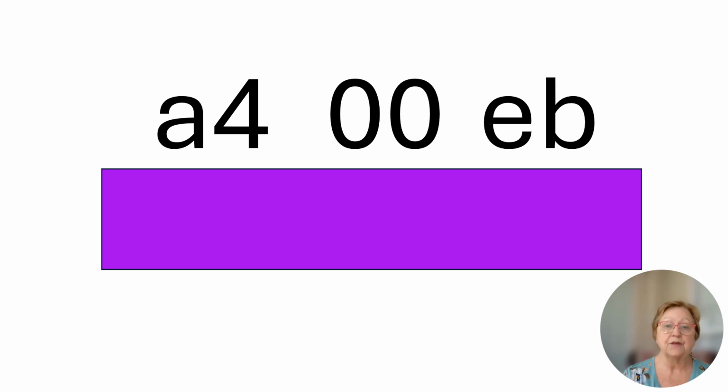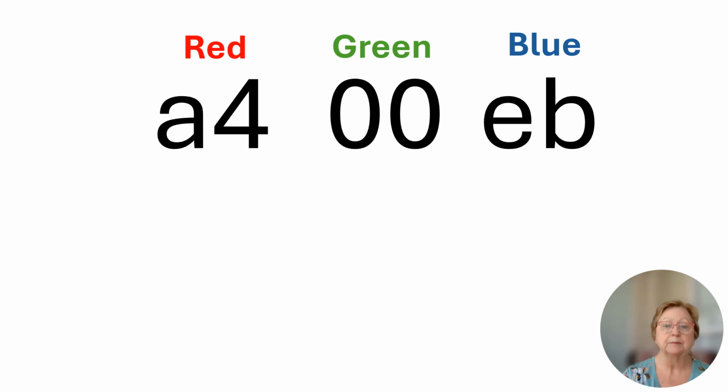The hex code is divided into 3 parts. The red part, which in this color is represented by the letter A and the number 4. The green part, which is 0, which you might have guessed because purple generally has no green in it. And the blue part. The EB is the blue part.